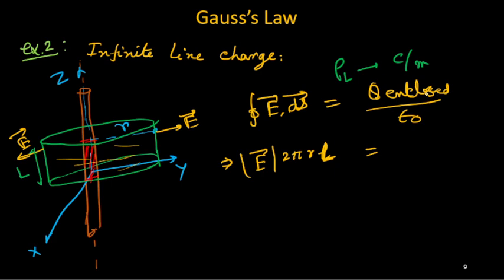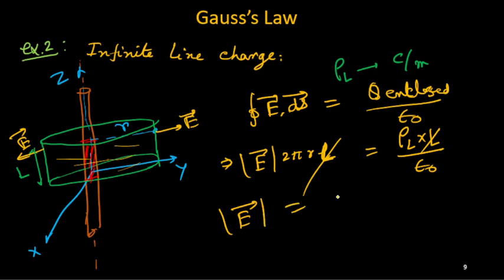Now what is the charge enclosed? Within this capital L, what is the charge there? Per length it is rho L, times this length L, upon epsilon naught. So this L will cancel out. So the electric field magnitude will be rho L upon 2 pi r epsilon naught.